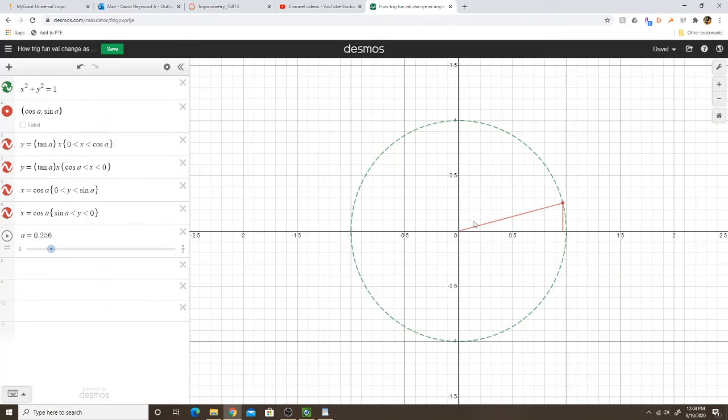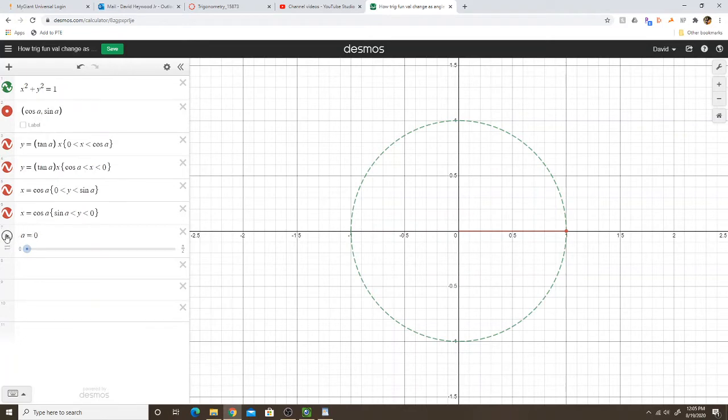So cosine is x, and sine is y. So if you imagine that theta is increasing, what's going to happen to y? Or in other words, what's going to happen to sine theta? It's going to increase, right? Notice that y is getting bigger and bigger as x gets bigger. So sine theta increases as theta increases.